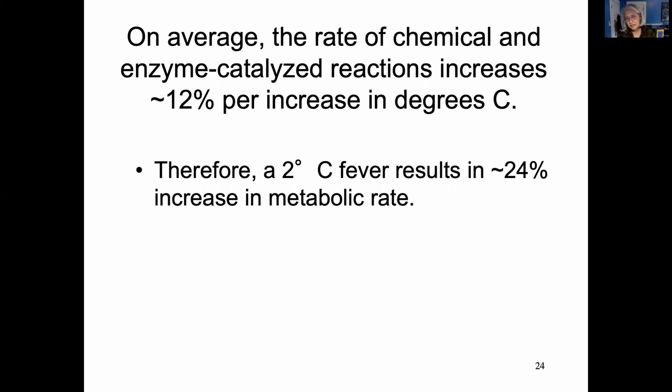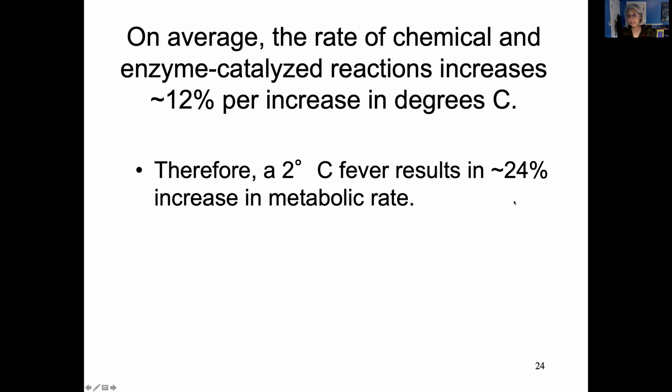Well, this all gets back to the fact that chemical reactions and enzyme catalyzed reactions, the rate of them increases with increased temperature, okay? About a 12% increase in reaction rate for every degree Celsius, right? So with this neonate who has a 2-degree fever, that means that his metabolic rate is about 24% higher than normal.